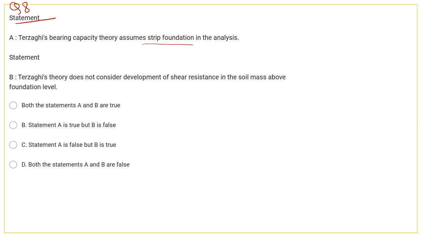Then second, Terzaghi theory does not consider the development of shear resistance in the soil mass which is above the foundation level. Both the statements are correct. Here they consider a strip foundation, and the shear strength is not considered in the soil mass above the foundation level. So option number first is correct.